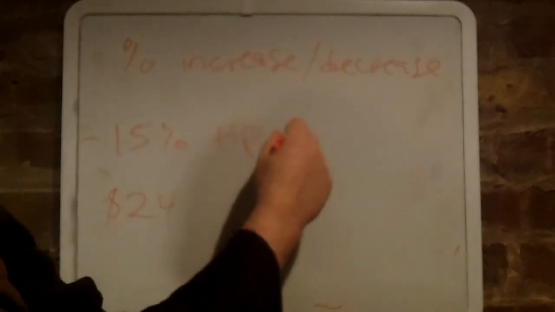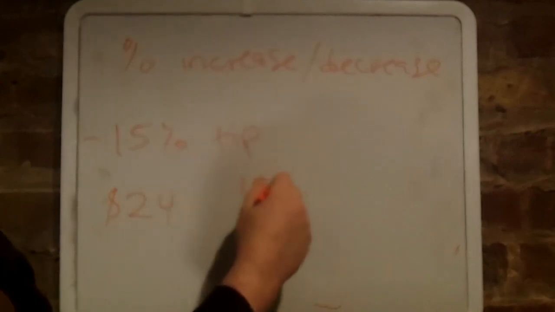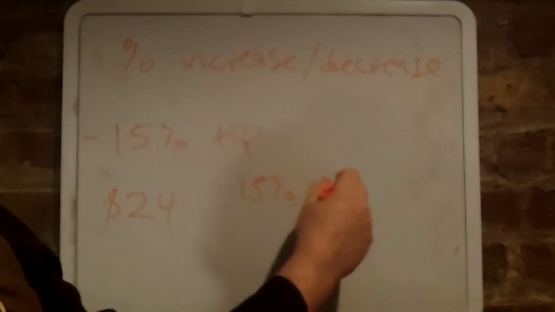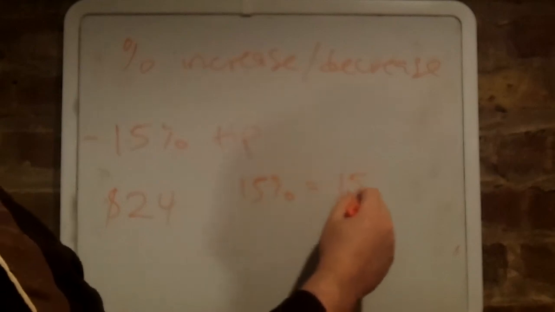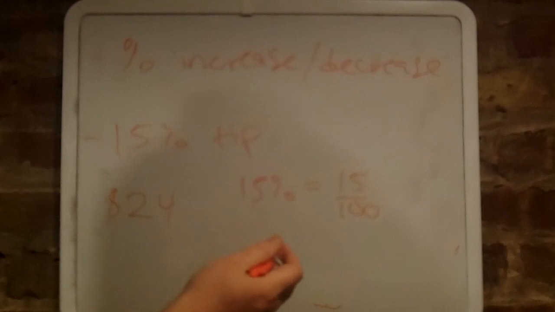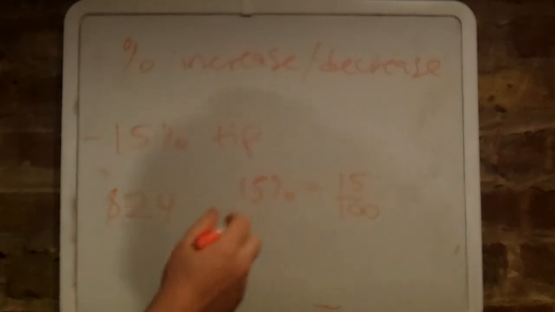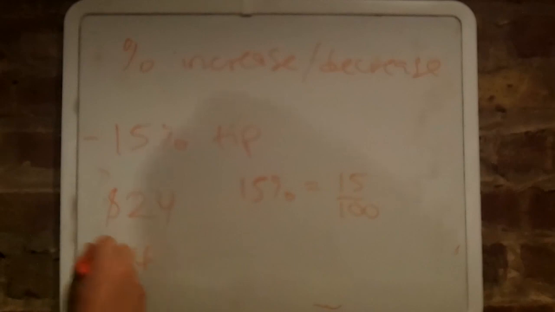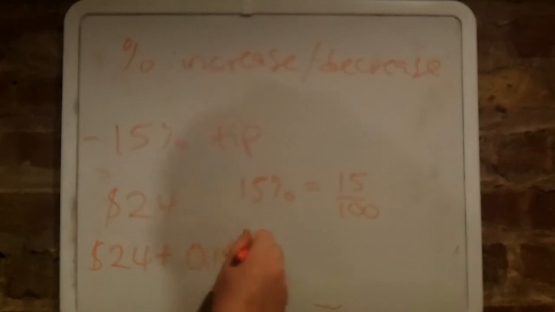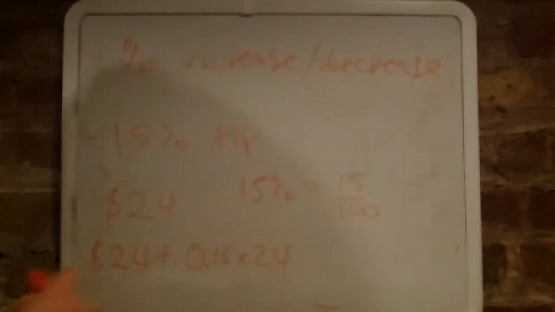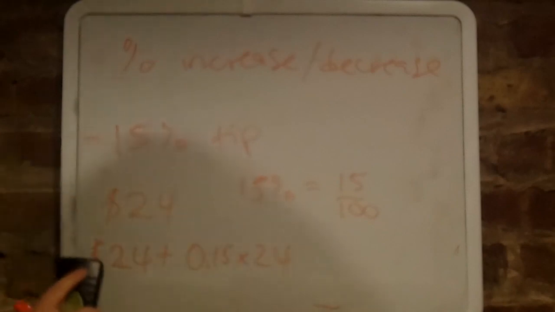What we do is we take that 15% and turn it into a decimal, which is 15 out of 100. So the total bill is going to be the bill itself plus 15%. So it's going to be $24 plus 15% of 24. So it would be 0.15 times 24. I can erase the dollar sign.